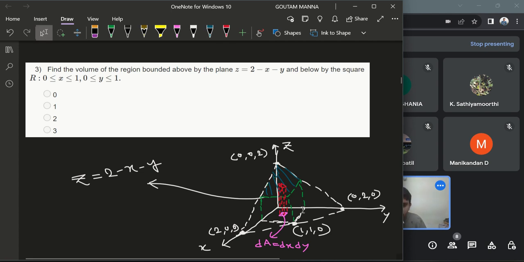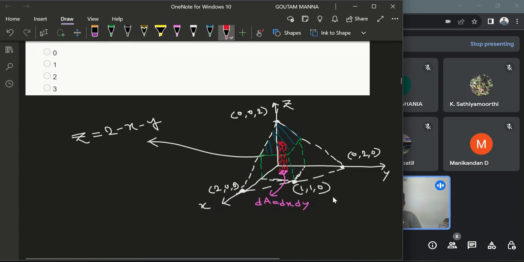This is an infinitesimal volume, so if I call it dV, it will be given by this area dA times the height at this point, that is z.